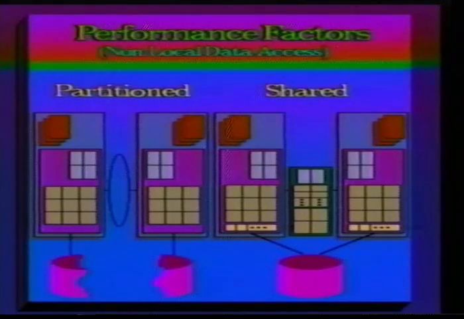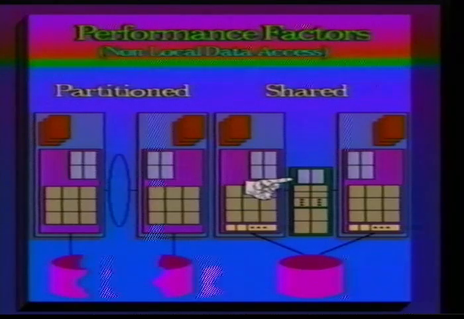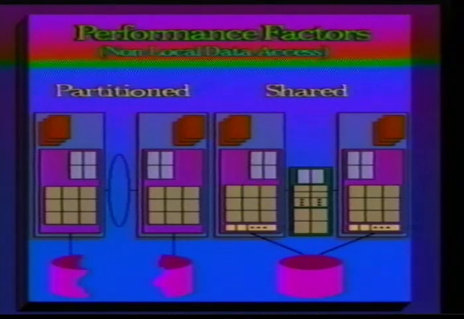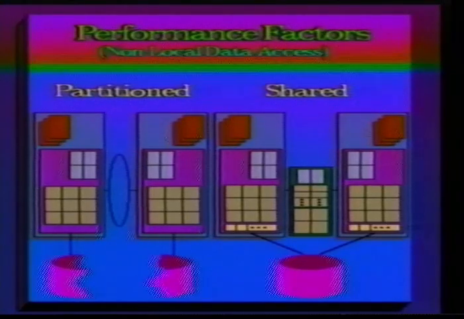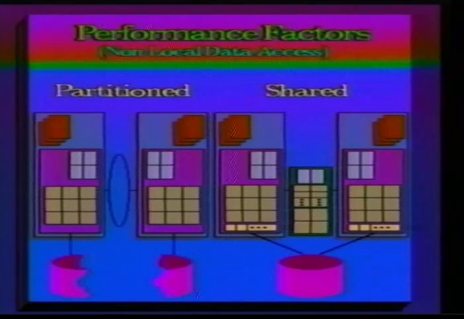To provide efficient messaging in either environment, the communication vehicle must be fast, since many messages will be sent between systems. For shared data, the coupling facility is used to provide the communication vehicle. Again, the major differences are that with partition data, the buffers and locks are local in scope, while with shared data, the scope is common among all systems sharing data.